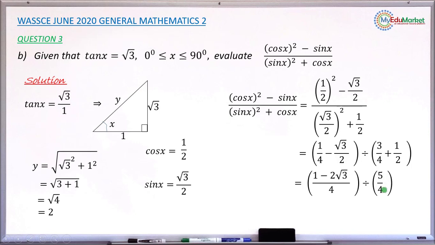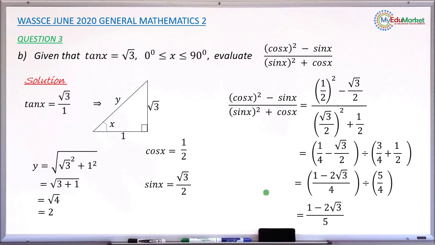Division by this means multiplying by the reciprocal of 5 over 4, which is 4 over 5. So when you multiply this fraction by 4 over 5, the 4 cancels 4, and you now have the numerator 1 minus 2 root 3 all over 5. This is the value of (cos²x − sin x) all over (sin²x + cos x), and that answers this question.